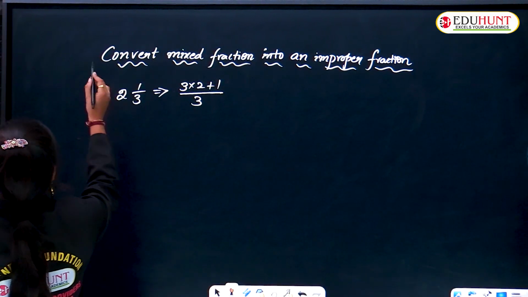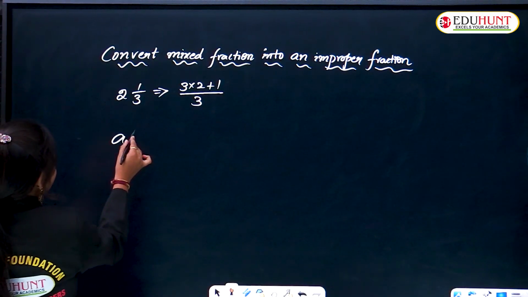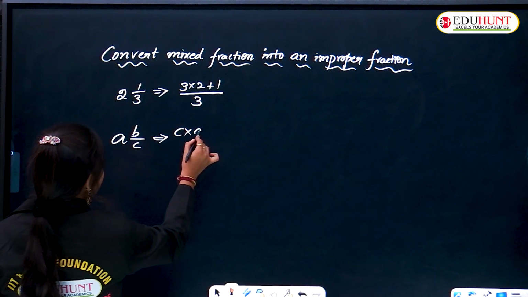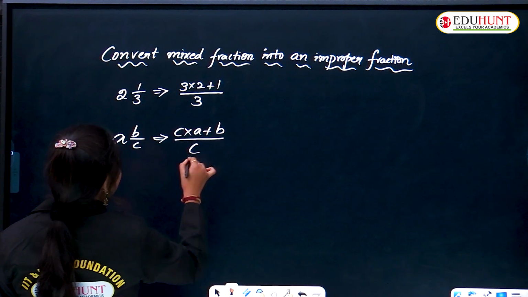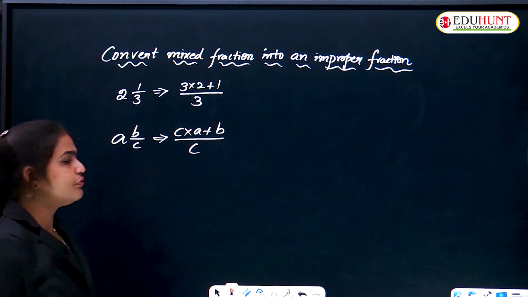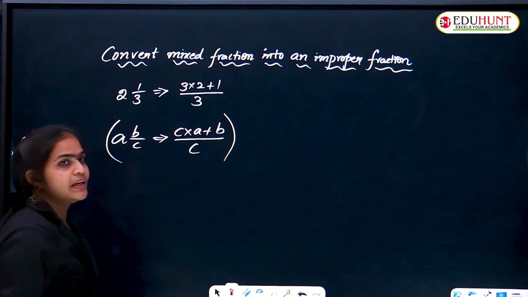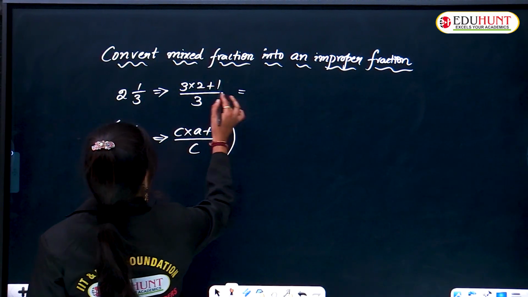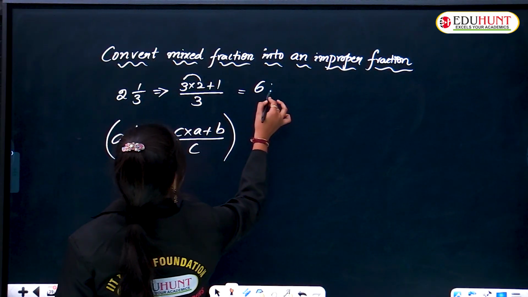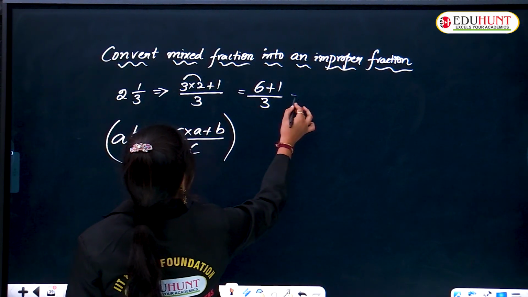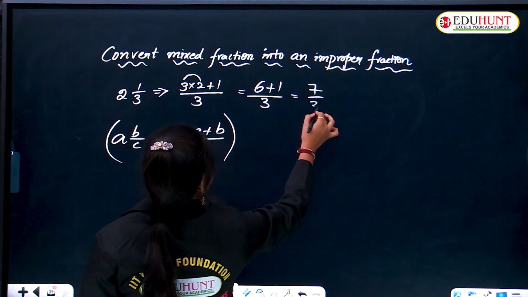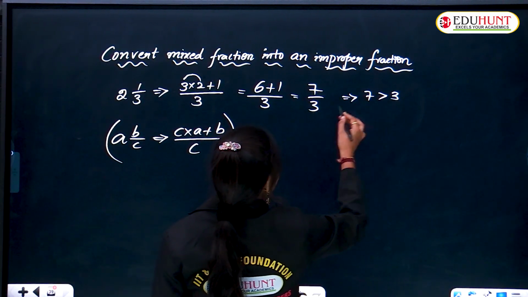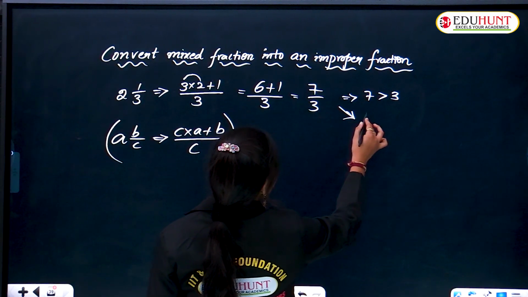In general, A and B by C we can write as C into A plus B by C. This is the conversion of a mixed fraction into an improper fraction. So 3 into 2 is 6, plus 1 is 7 by 3. 7 by 3 means 7 is greater than 3, so this is an improper fraction.